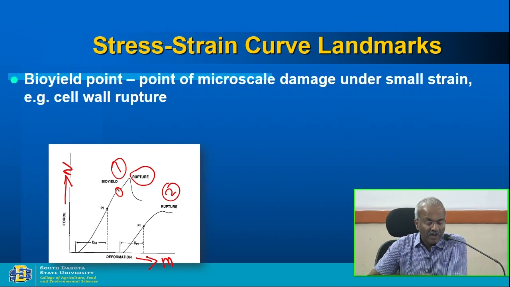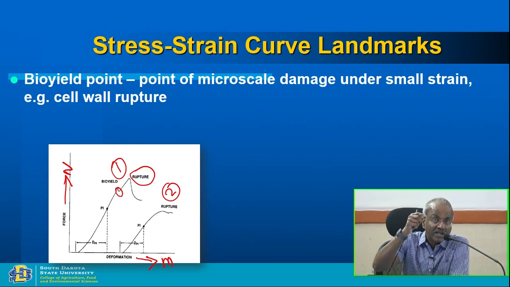What is the bio-yield point? It's a point of microscale damage under small strain, primarily because of the cell wall rupture. When we say cell wall, we are talking about the internal structure. You cannot even see anything. When you compress a sample, with small strains and small deformation, you won't see what is happening inside, but your data will exhibit that.